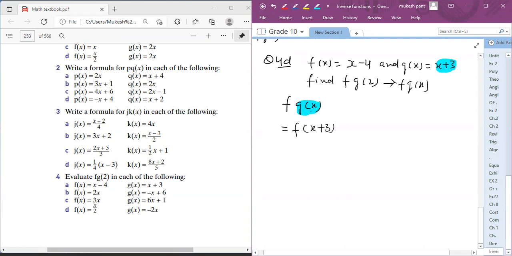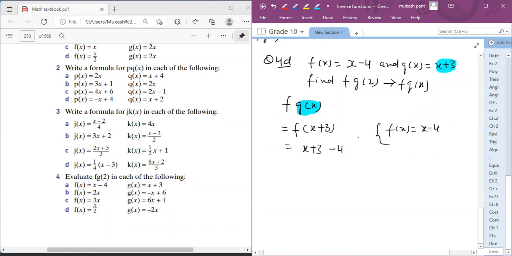You can see the color. Now how do we open f? Look here, f(x) equals x - 4. So if x is here, this becomes x - 4. So if it is x + 3, it will be x + 3 minus 4, in the same pattern.